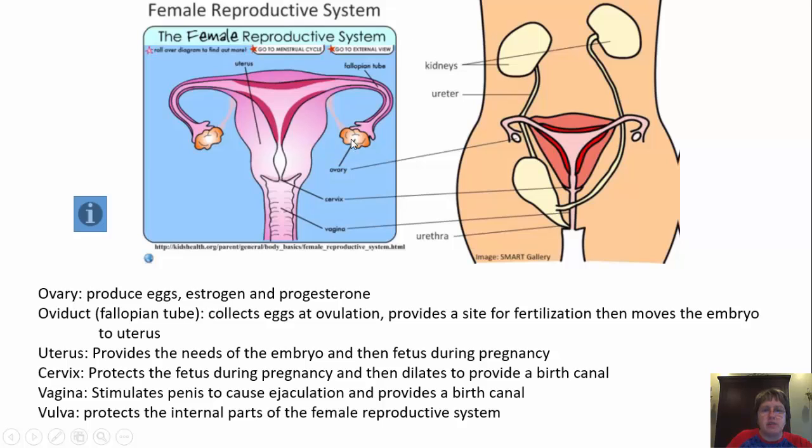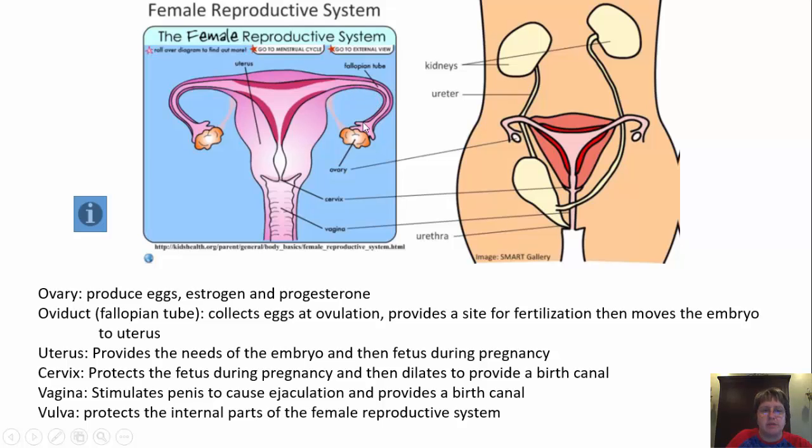So the ovary, these are the ovaries here. You have 2 ovaries. Every female has 2 ovaries that produce the eggs. They also produce the 2 hormones, estrogen and progesterone, that I talked about earlier, and we'll come back to those in a few minutes. Then from there, you have these tubes that connect to the uterus. These tubes are called oviducts.